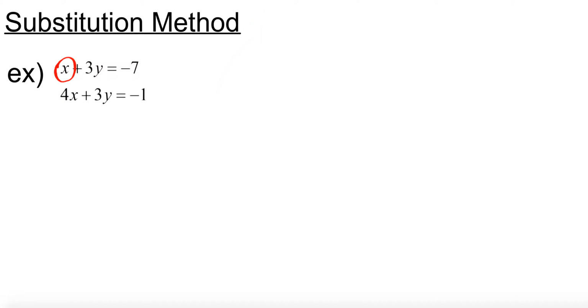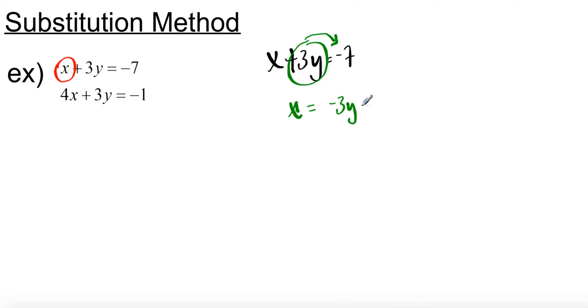So let's go to the margin, and let's take x plus 3y equals negative 7. And we need to just take our 3y and move it to the other side. When we do that, its sign changes. This gives me x is equal to negative 3y minus 7. Put that in parentheses, then we're going to take that quantity and substitute it in for x in the other equation.